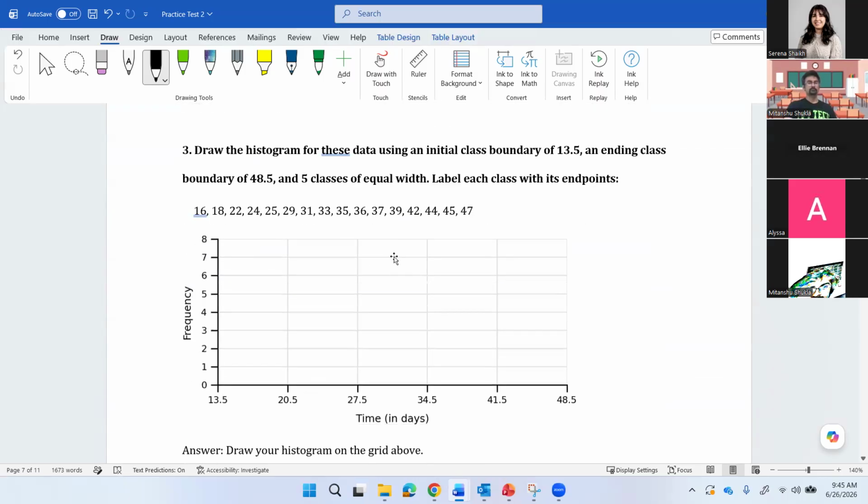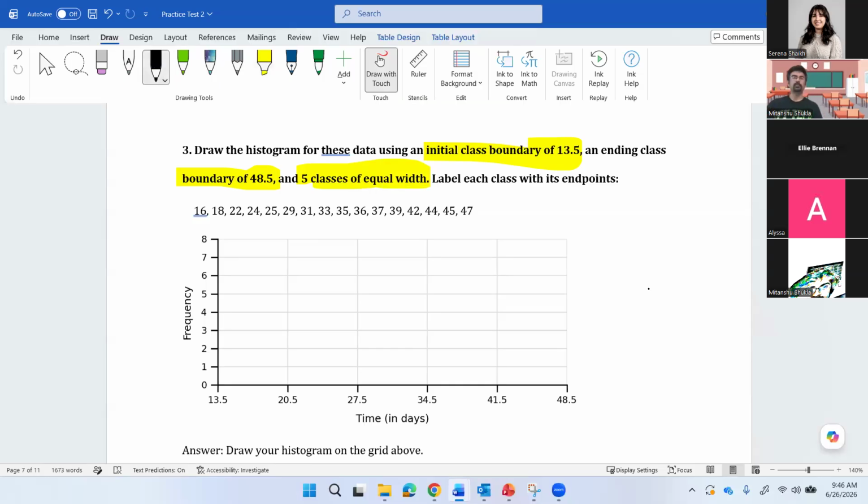And here we are, right? So here's our chance to do that different thing. So notice here they're saying draw the histogram using an initial class boundary of 13.5 and an end class boundary of 48.5 with 5 classes of equal width.